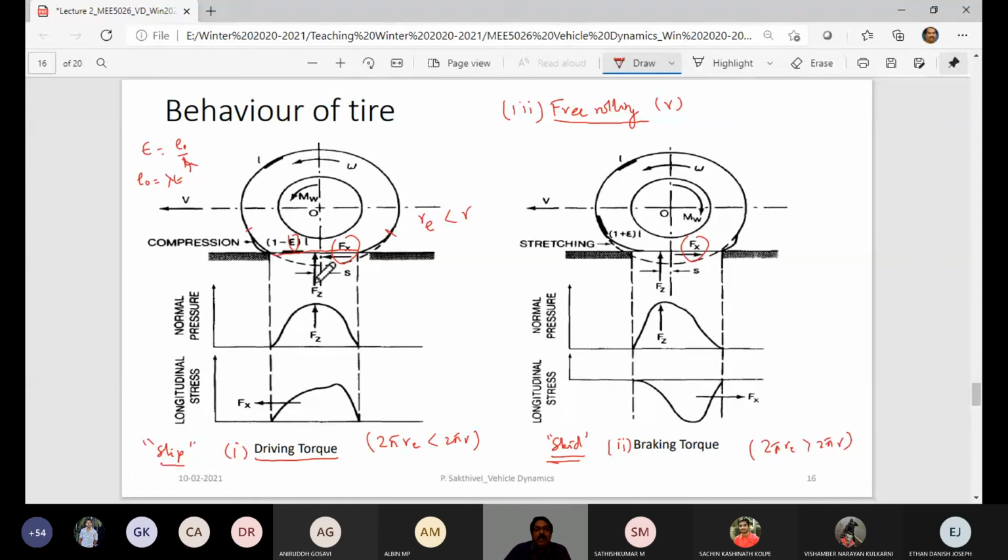This deformation is what causes the normal pressure distribution to always act in front of the contact patch. It is not necessarily when driving torque is applied. Even at free rolling condition, you see this distribution of normal pressure is skewed on this side. And what would happen for equilibrium? This normal load is going to create a moment against this driving torque.